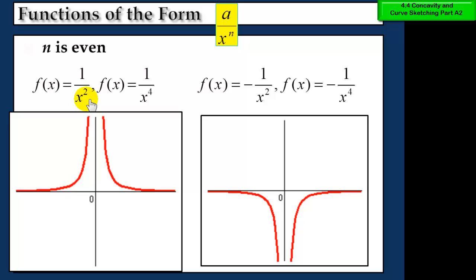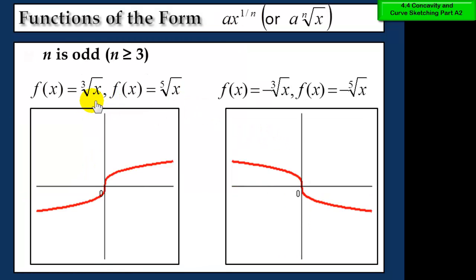If the power of x is even, then it will be symmetric about the y-axis, and it'll remain above the x-axis because it's always positive and never 0. And then this is just the negative reflection when you put a negative in front. A good exercise is to determine what is the domain and range of these two graphs.